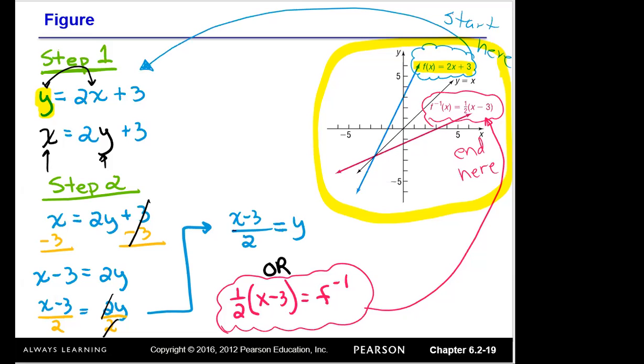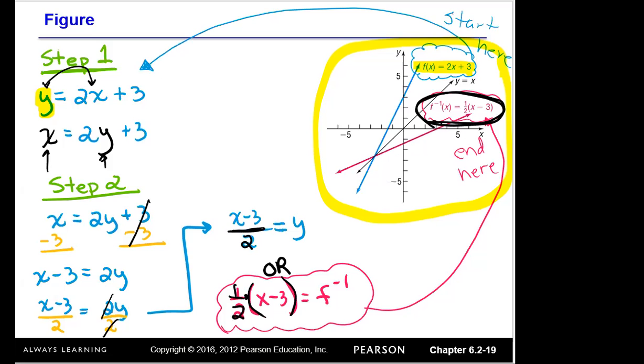But dividing by 2 is the same thing as multiplying the whole thing by 1/2, which is how they wrote it over here. They wrote 1/2 times x minus 3. But x minus 3 over 2 is the same thing. It's the same. And that's how they got the inverse.